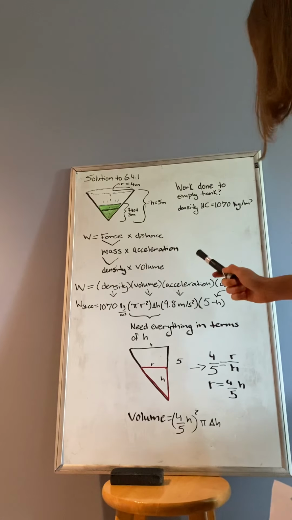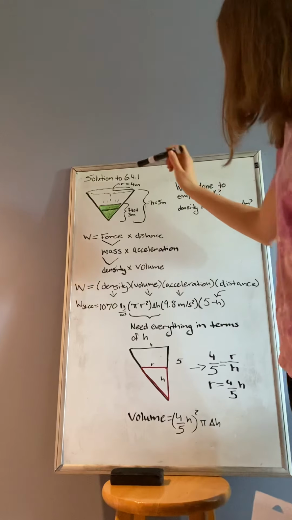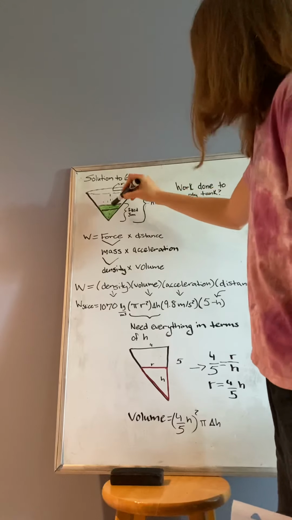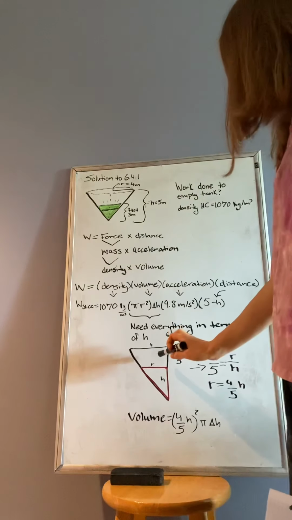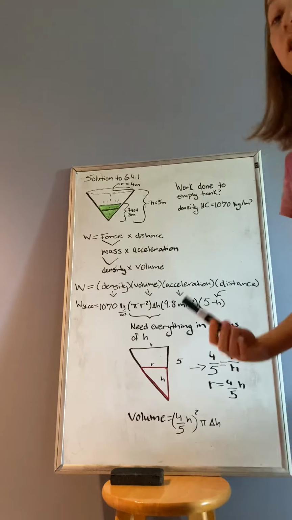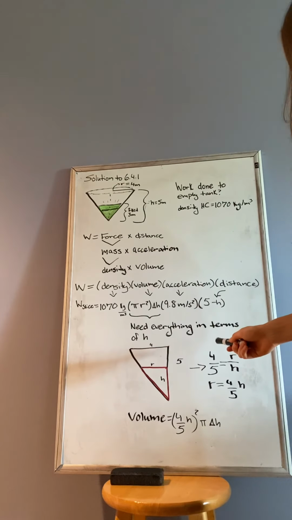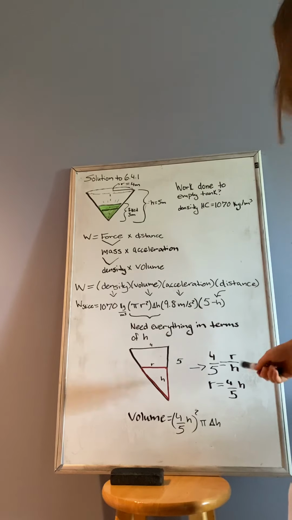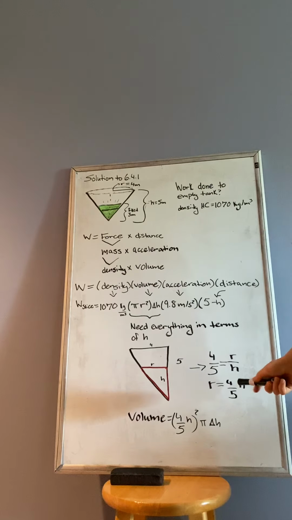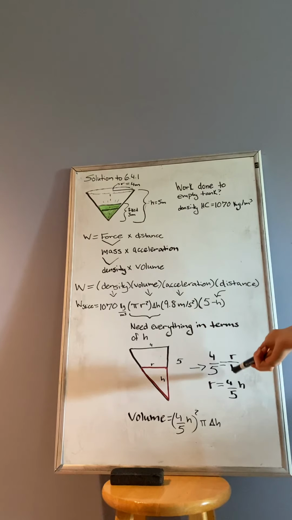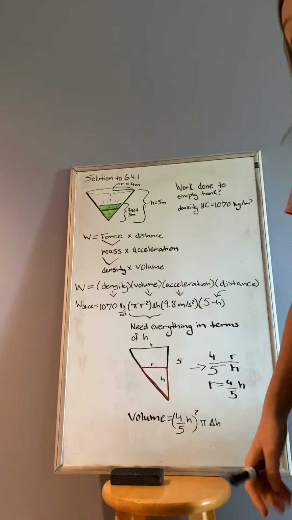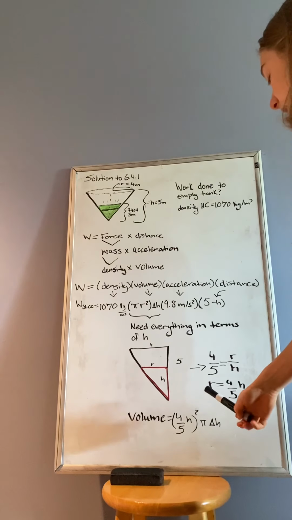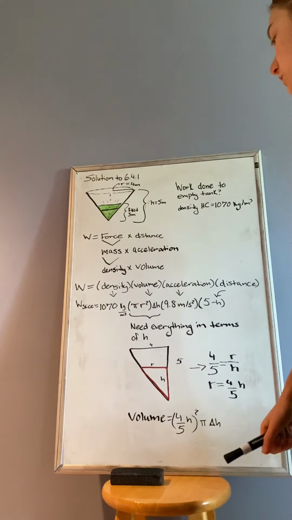And then we have the smaller triangle here, which is made by whatever radius we're choosing and whatever height we're choosing, and that's just r and h. So we get the ratio that 4 over 5 is equal to r over h. So our radius, we can put in terms of h, is just 4/5 h. So now we know that our volume is (4/5 h) squared pi times our tiny change in h, delta h.